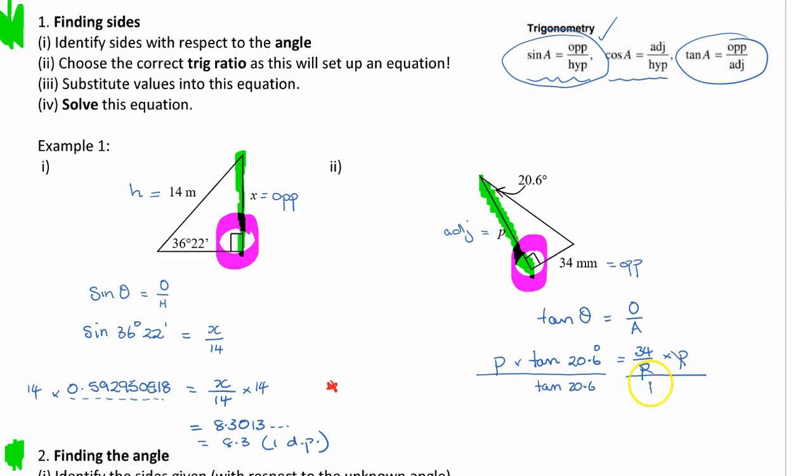So this 34 is divided by tan of 20.6. Note that I'm not putting the value for tan 20.6 into the question because I know it's just a number. Just like over here the sine of that angle was a number, this is a number. And I know I would be dividing by that number to get the p by itself.